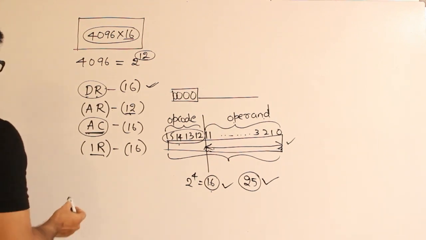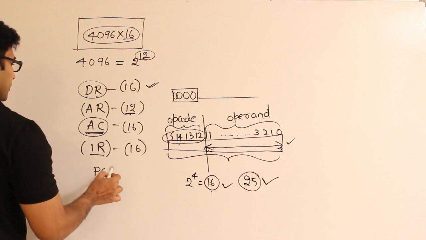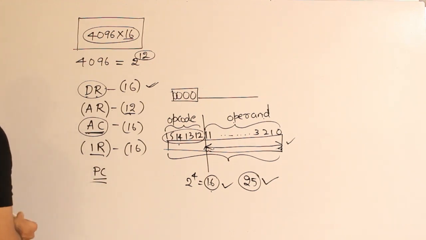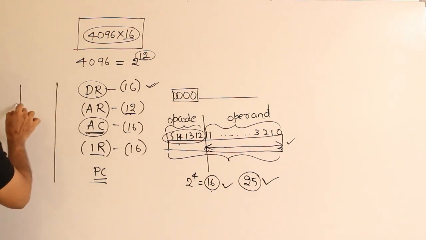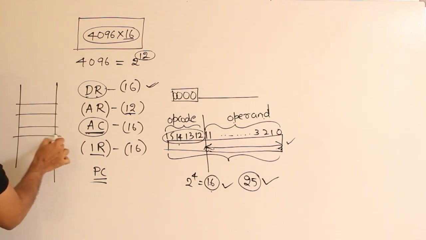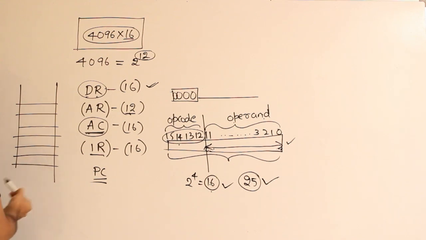And the next one is the program counter. Now what is a program counter? It is a pointer which will say from where we should be loading the instruction, right? Your program is always going to be stored in the memory. Stored program architecture we are going to use, and assume that you have to start your program from here, 100.